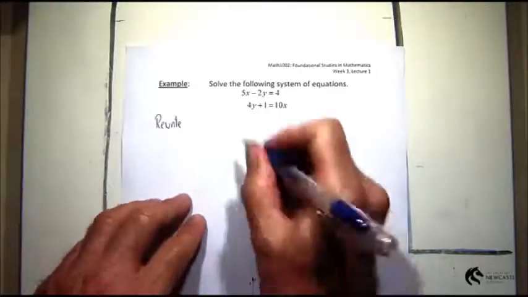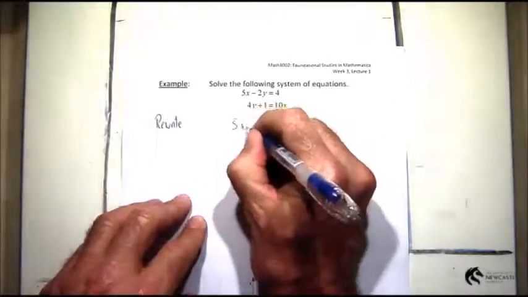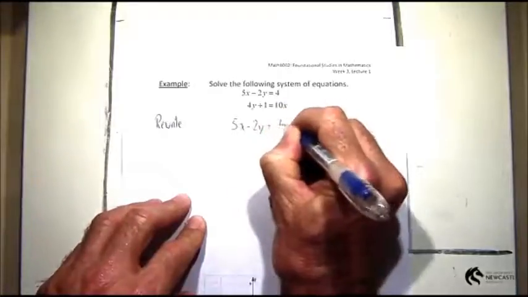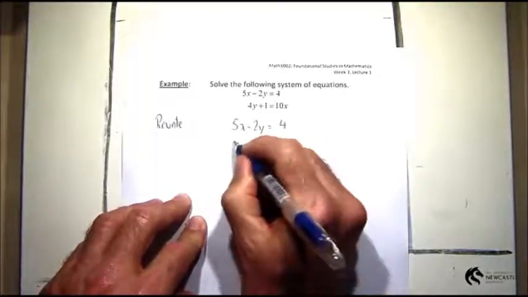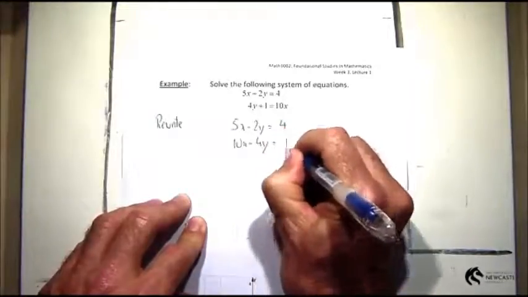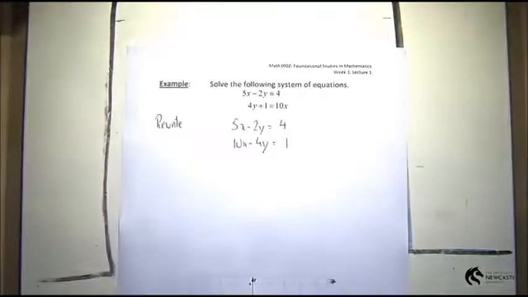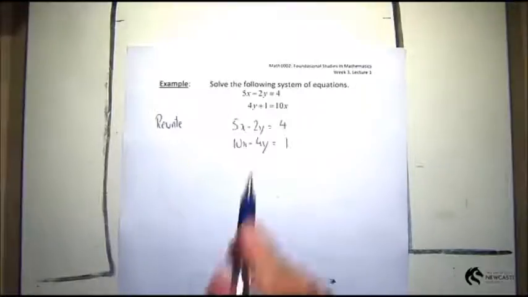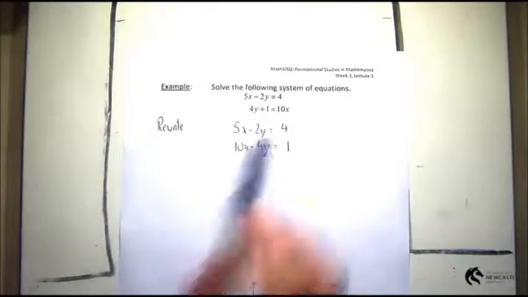So here on the left I will say 5x minus 2y is equal to 4. This one I would write as 10x minus 4y is equal to 1.